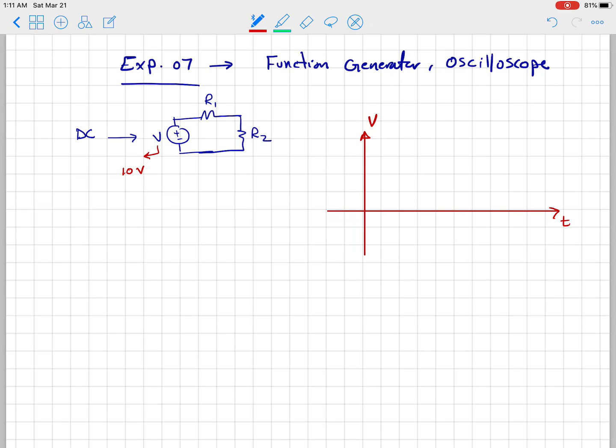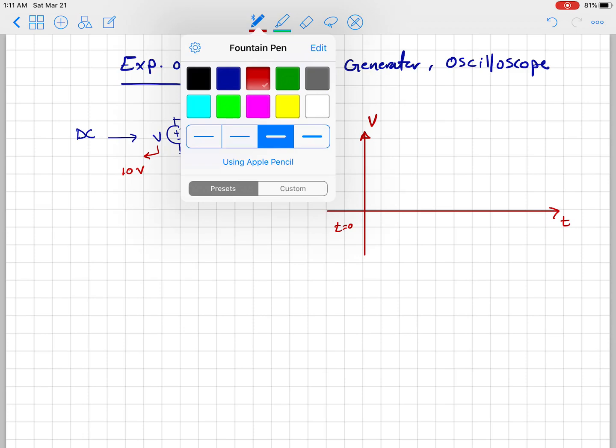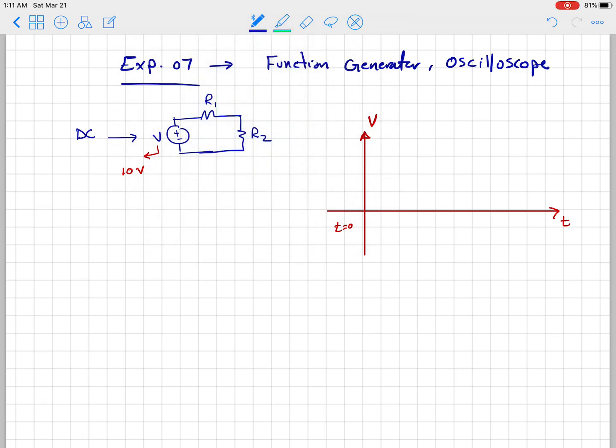And we see here that if at time equals to 0, we turn on the switch, then we see that the voltage is always constant. So it's going to be always 10 up until t equals to infinity, where t equals to infinity is the time when we turn off the switch.